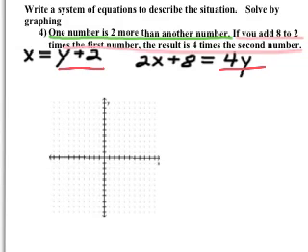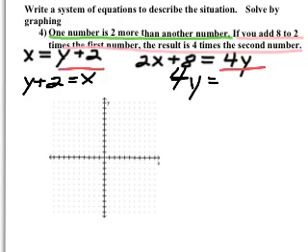Since x equals y plus 2, then y plus 2 must equal x. You do what makes life easier for yourself, as long as it follows the rules. On the other side we've got 2x plus 8 equals 4y, so 4y equals 2x plus 8. Same thing.